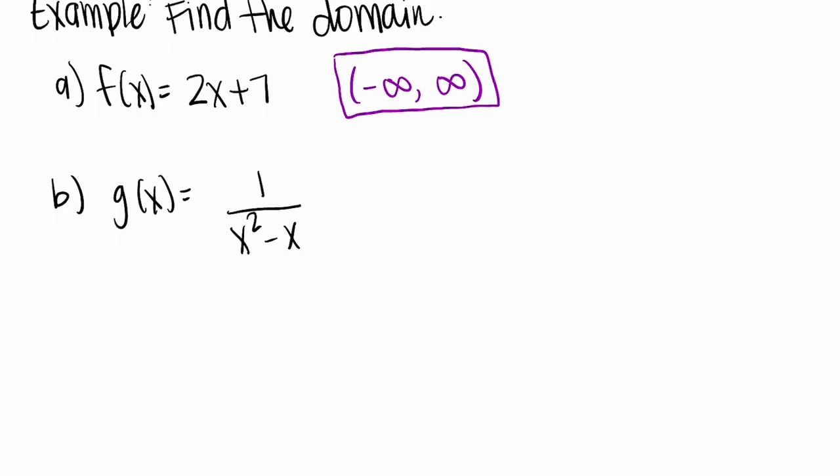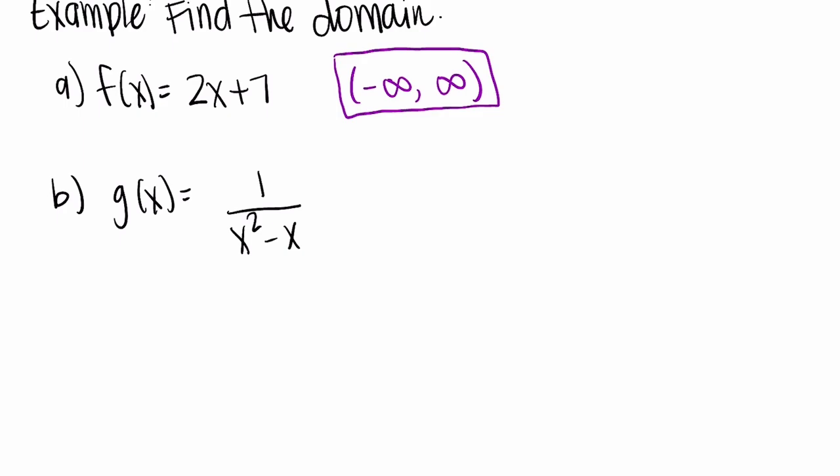No, it's just a 1. That's always a 1, no problems. But what about the bottom of the fraction? What can it not be equal to? What number can you not divide by? You can't divide by 0.